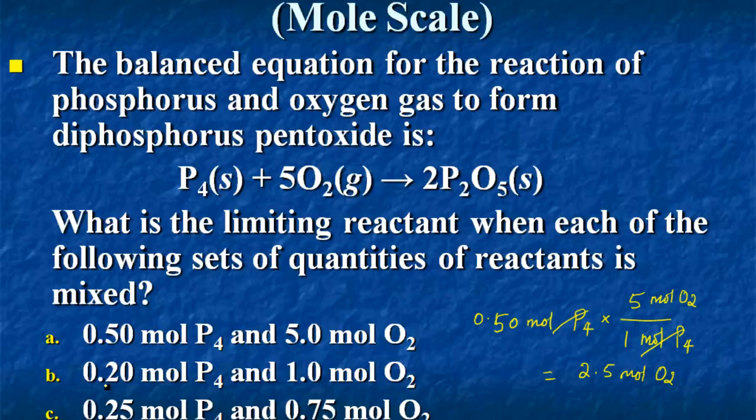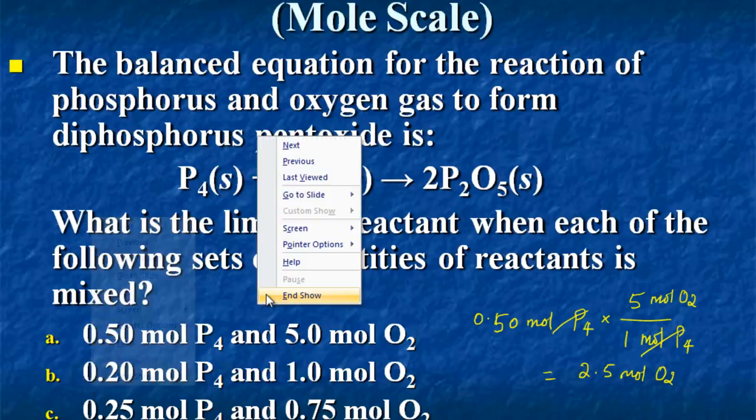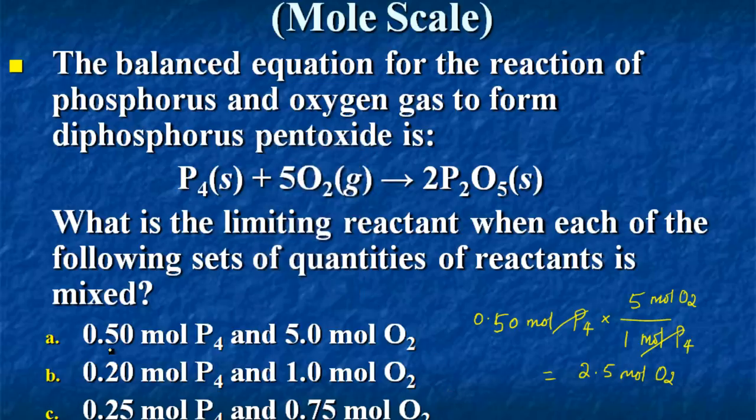So the second case, we have 0.2 moles of P4 and 1 mole of O2. As I said, the first step is calculate theoretically how many moles of O2 you need for 0.2 moles of P4.